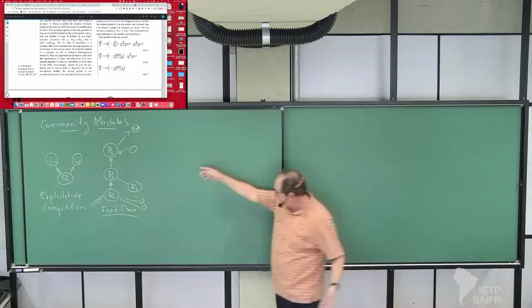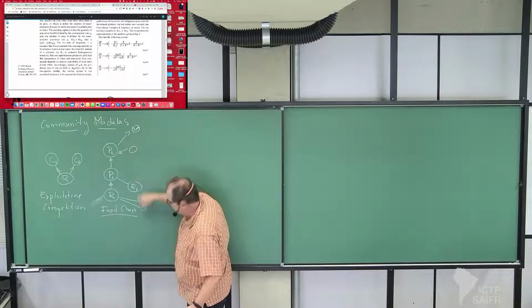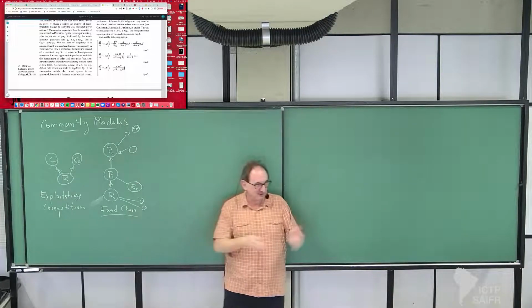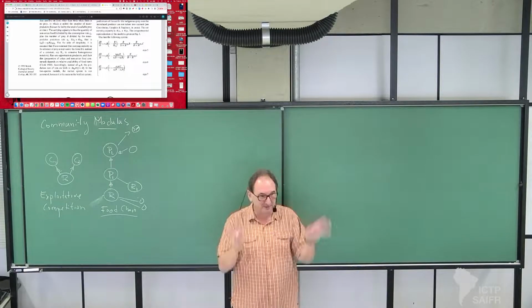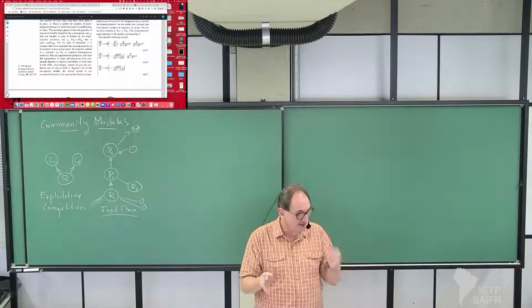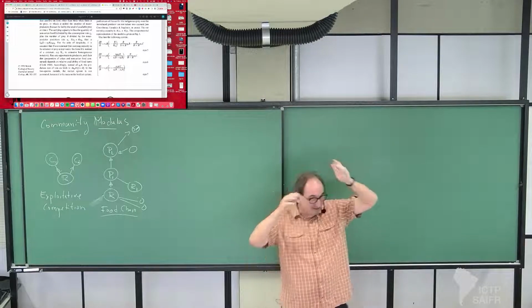That's a web, because then there could be lots of other connections. So it's not anymore a chain, it's a web. So this is not anymore what we call a community module. It is a food web.